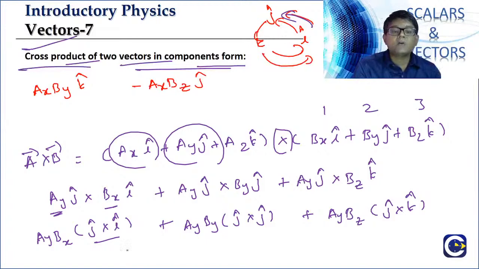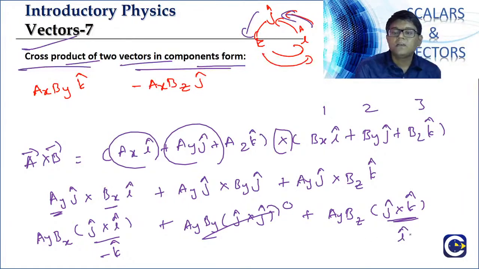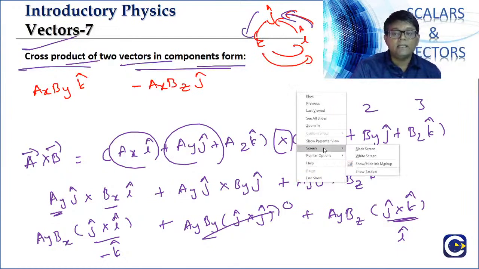J cross i means it will be minus k. J cross j is 0. J cross k. What is j cross k? That will be i. So after this, what are we having? Look at this. I'll again take the terms and then write them at the top.